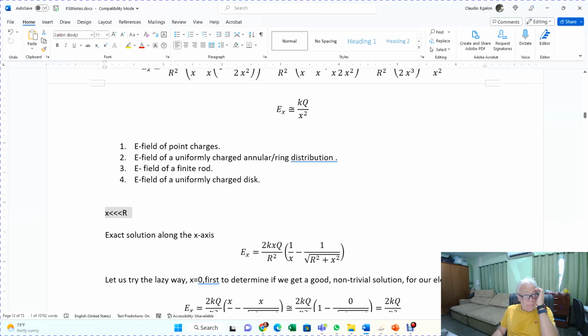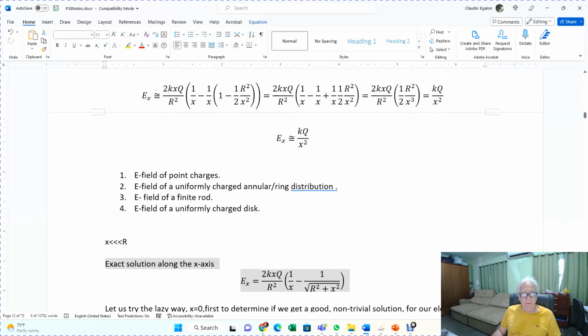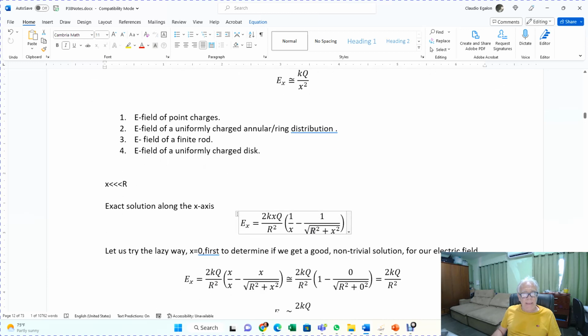So we start with the exact solution. That's the exact solution. And instead of factoring x, we're going to factor r to get an x over r ratio right in here. And that's what I'm going to do here.